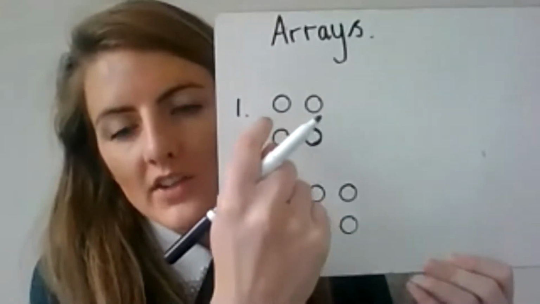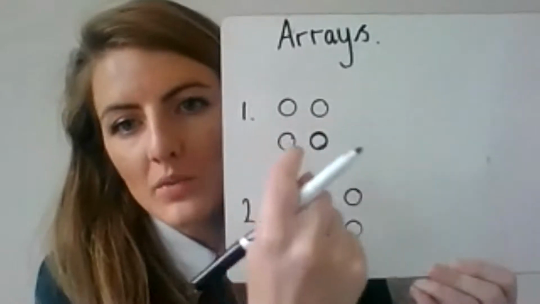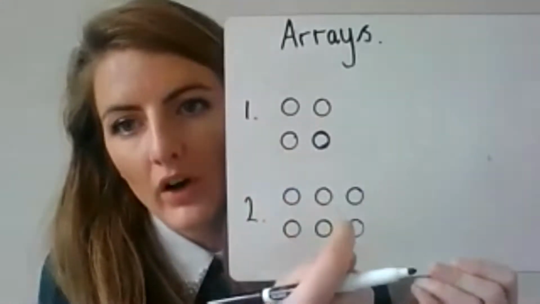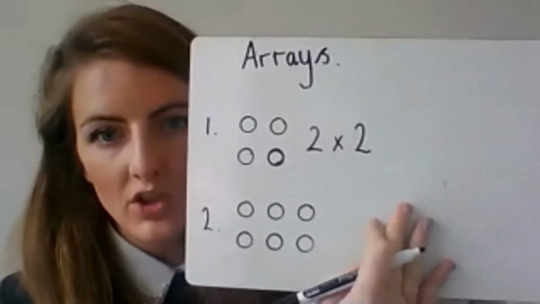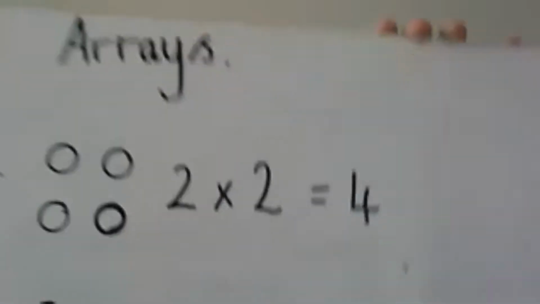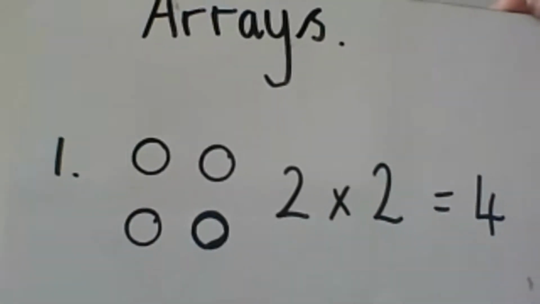So there's 2 rows with 2 in each row. Like last week when we did 2 equal groups with 2 in each group, the multiplication is 2 times 2, and the answer is 4. So 2 times 2 equals 4.